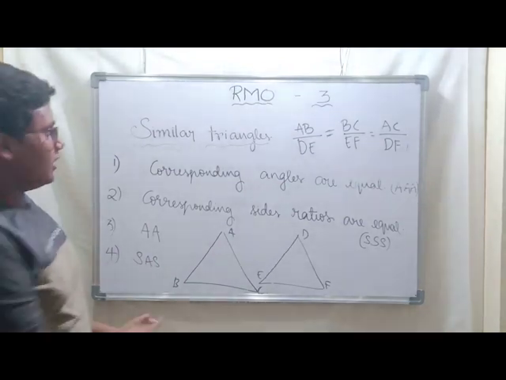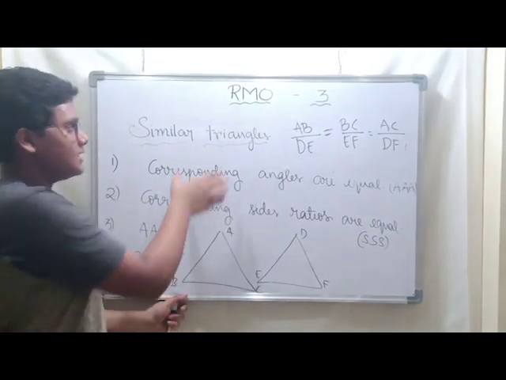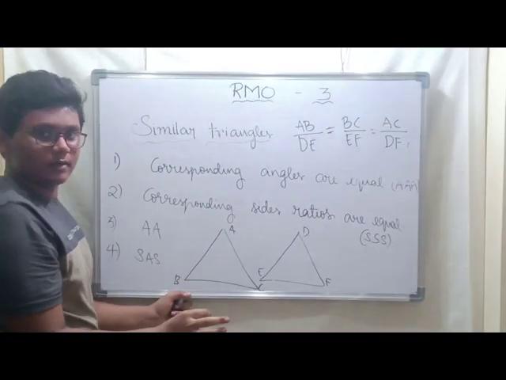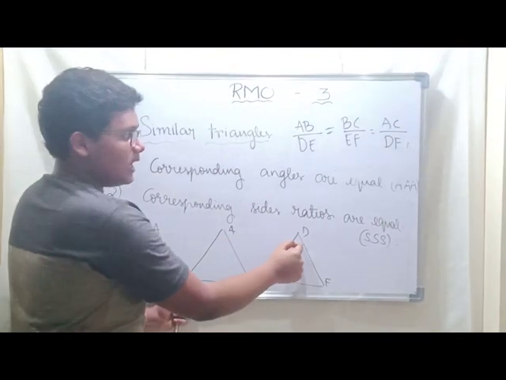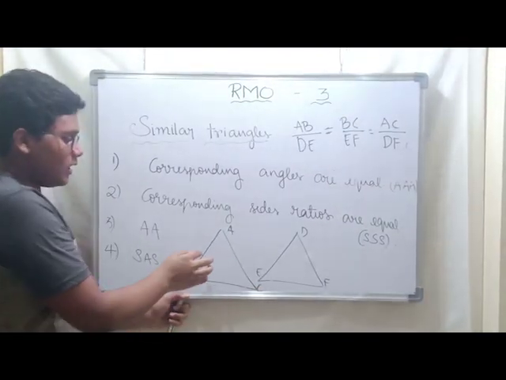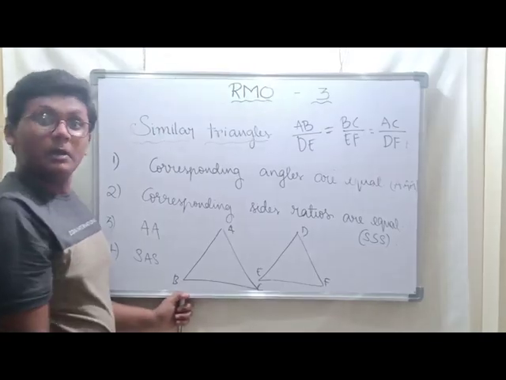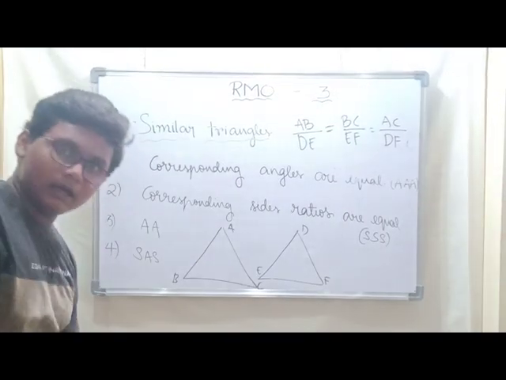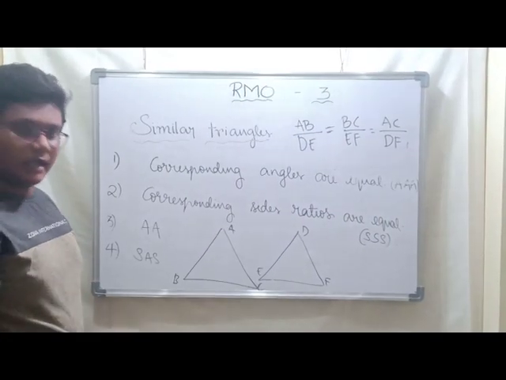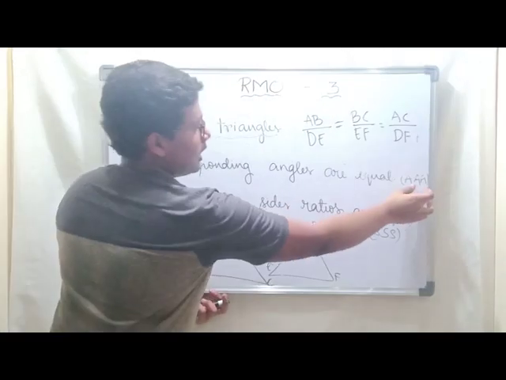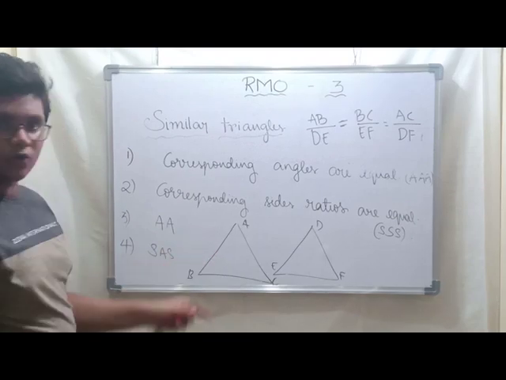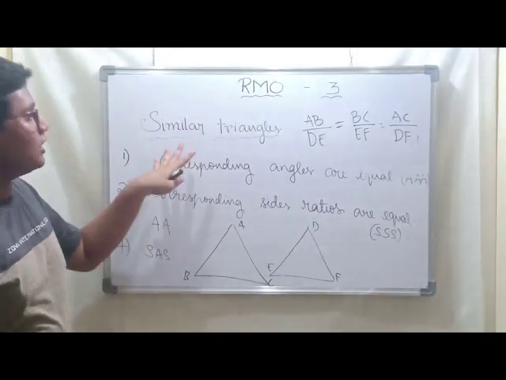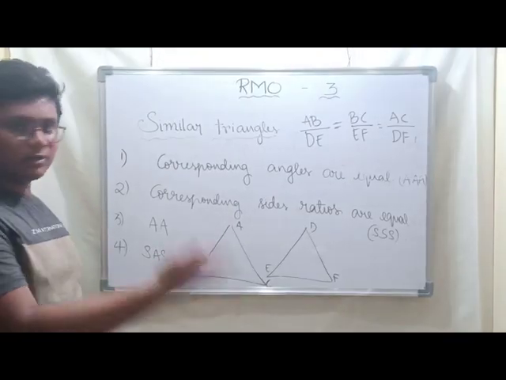For similar triangles, corresponding angles will be equal and corresponding sides ratios will be equal. The two triangles can be equal or may not be equal. If they satisfy any of the four similarity properties, then those two triangles will become similar triangles.